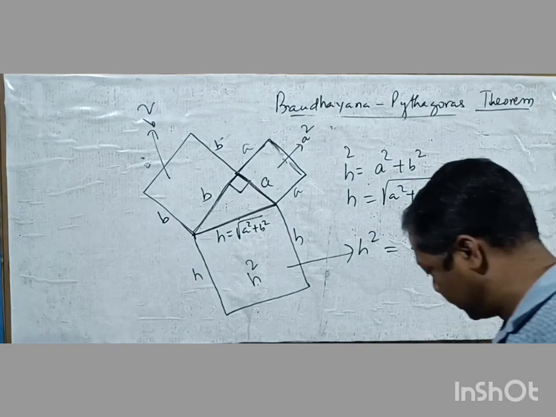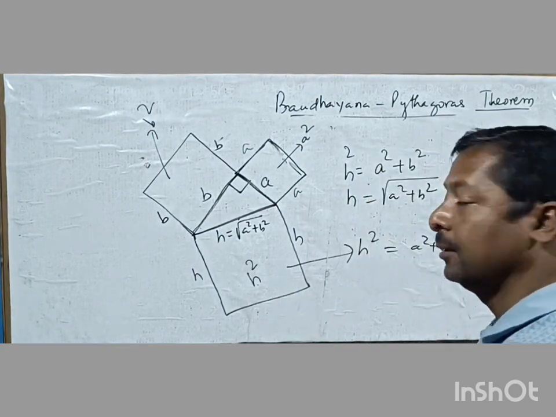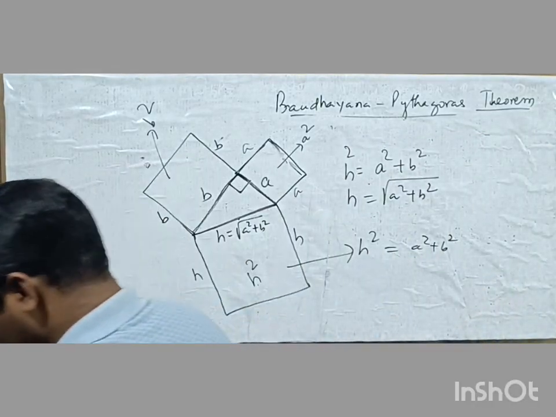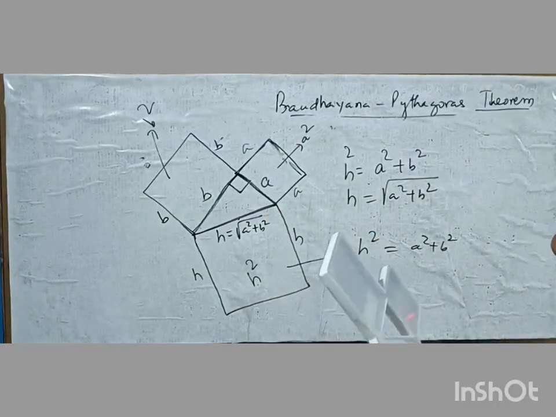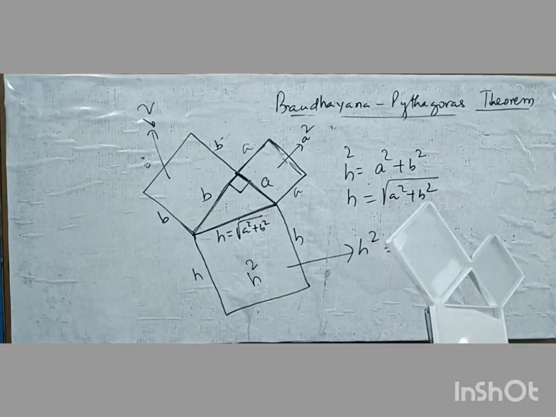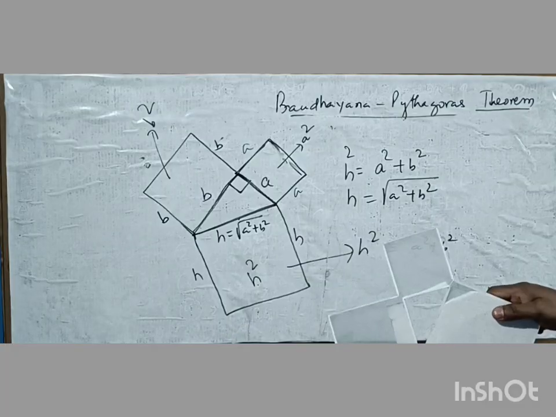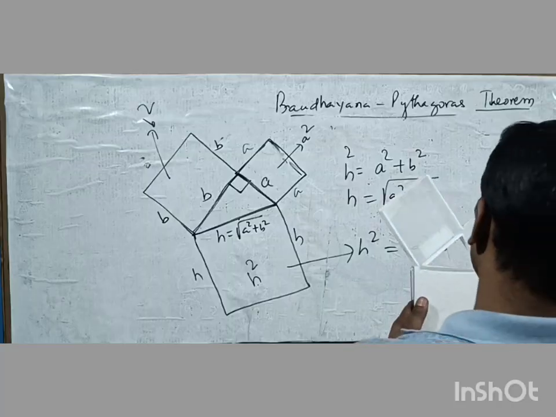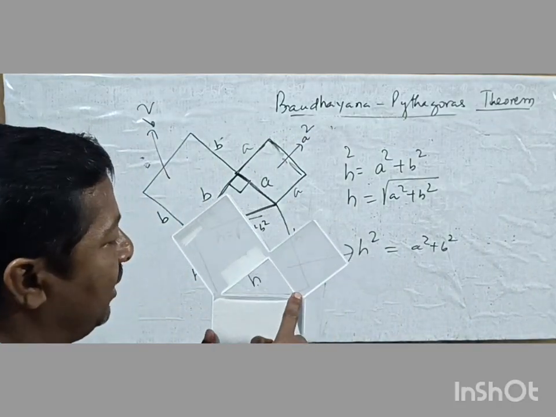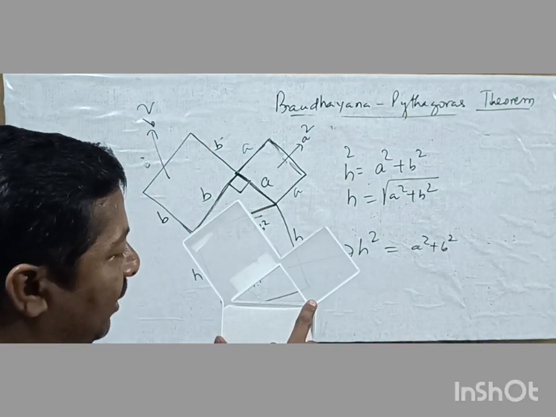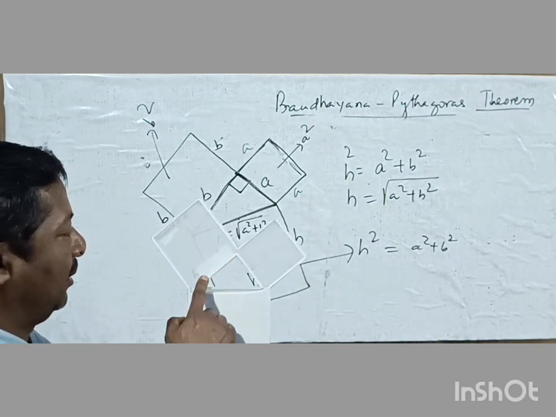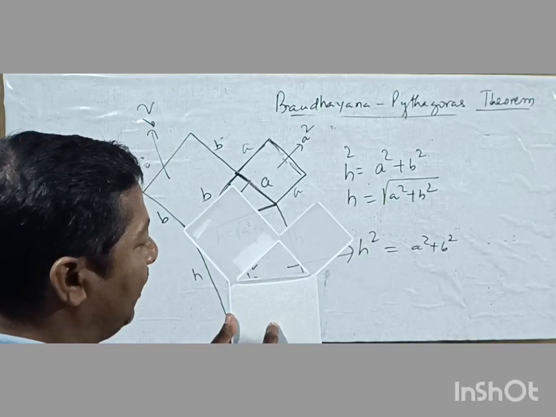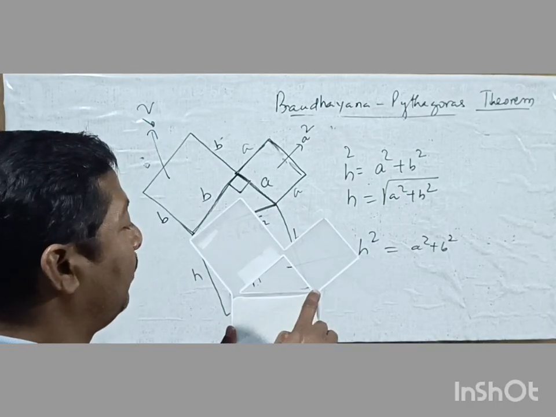Let's prove this with the help of a practical. See this one. This is the A side, or base, having side A. This is the perpendicular having side B, and this is the final side, the hypotenuse.